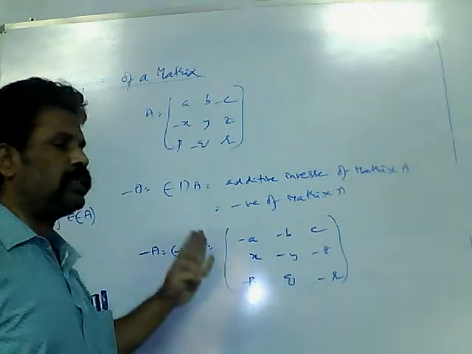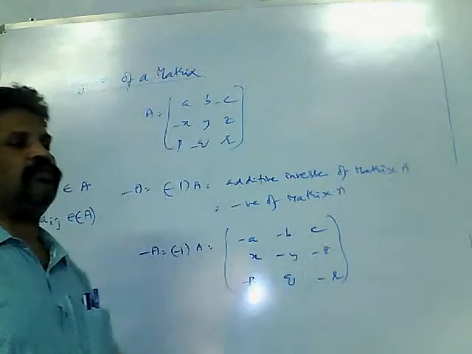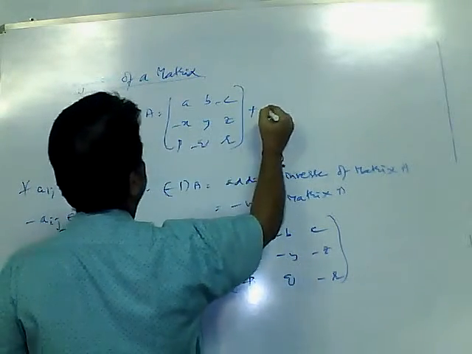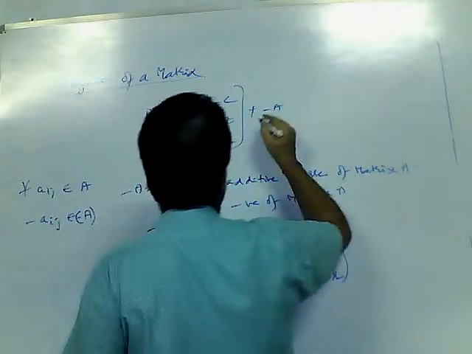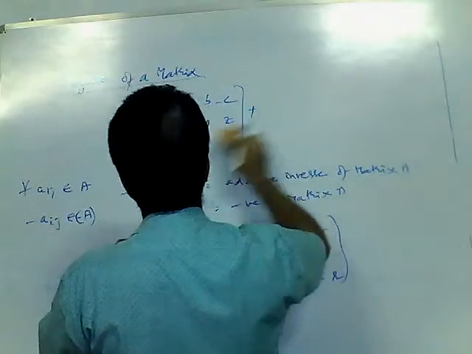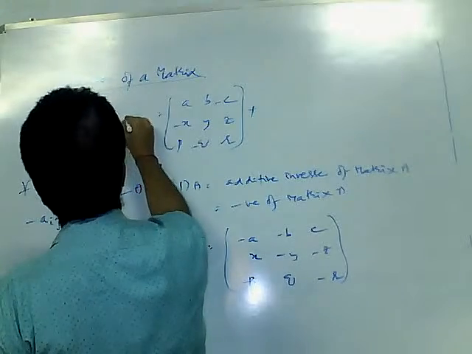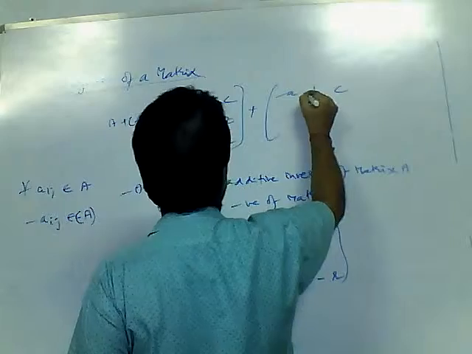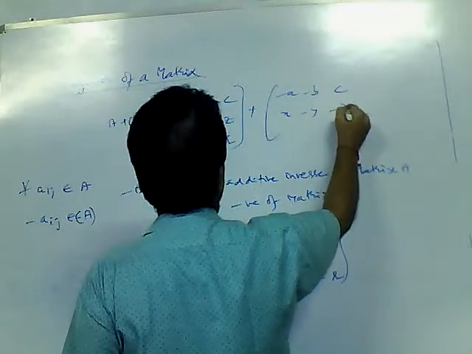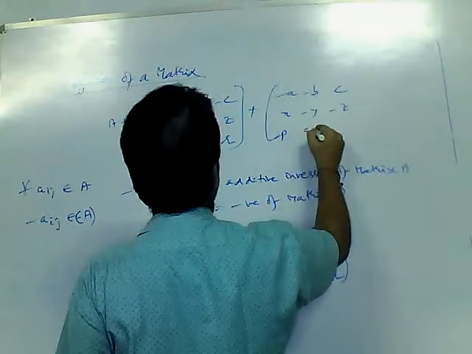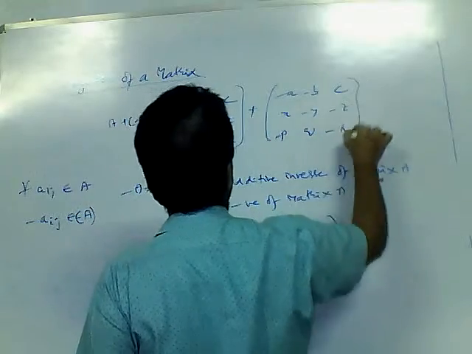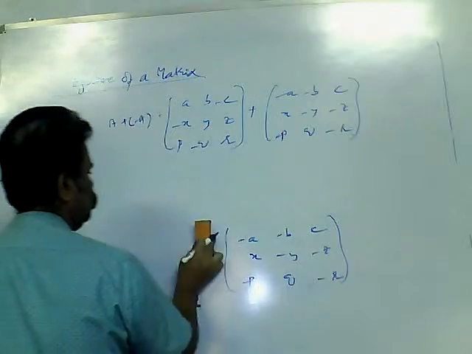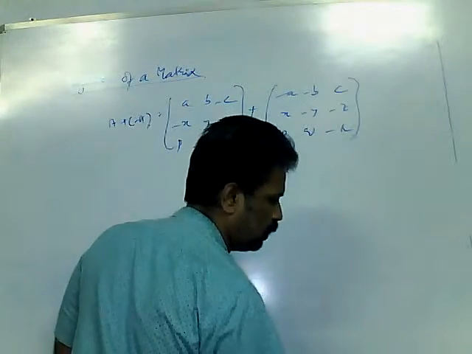This is called the negative of a matrix, which is nothing but the additive inverse. Why additive inverse? See here. Add A with minus A. Here A, minus A: a, b, c, minus b, x, minus y, minus z, minus p, q, minus r. Now, how to add matrices? We come to that whenever we take the operation of addition of matrices.